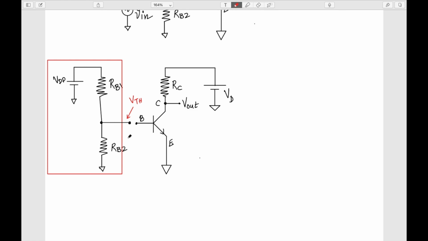So the Thevenin equivalent voltage at this point, VTH, and of course the RTH. This is my RTH.